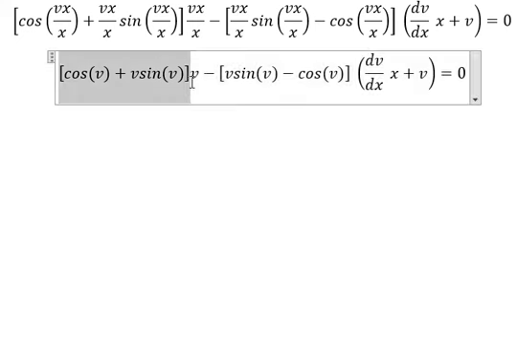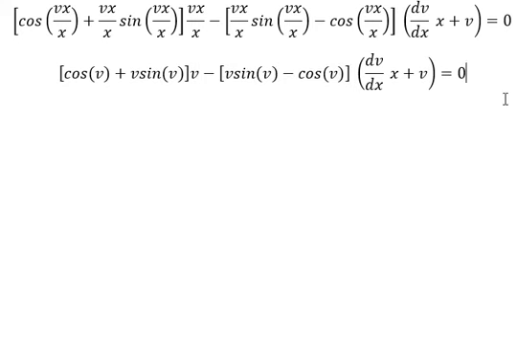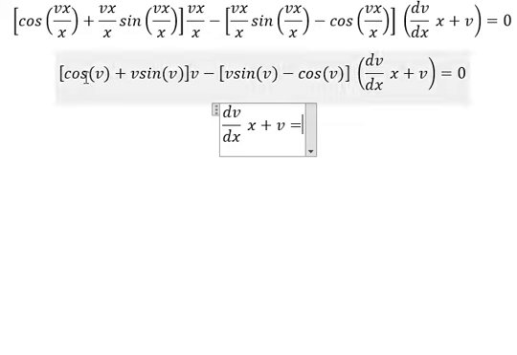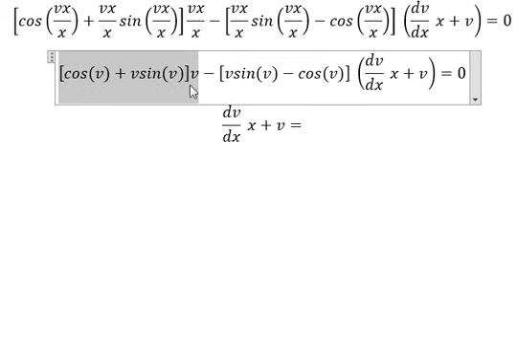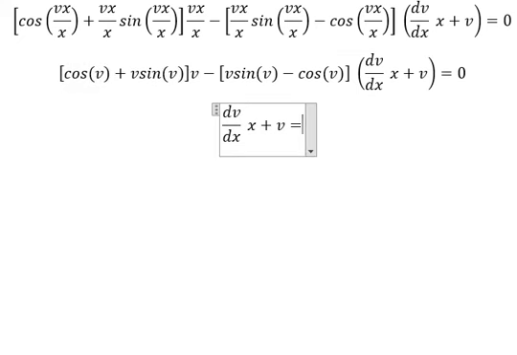Next, I will put this one to the right, and then we divide both sides by negative v sine v minus cosine v. Because if we put this one to the right, we have the negative with negative in here. They cancel. And now we just have this one like this.